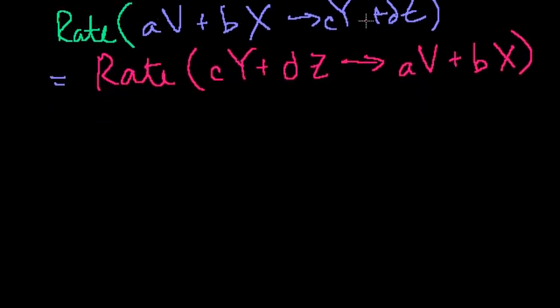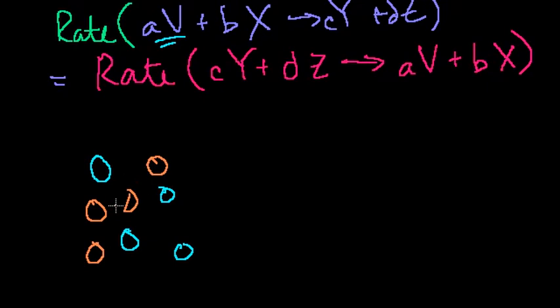In order for this forward reaction that I drew in purple to happen, what needs to happen? We have to have A molecules of V, roughly, let's say in any volume of space. We have to have some V molecules, and preferably A V molecules, being in the vicinity of B X molecules.